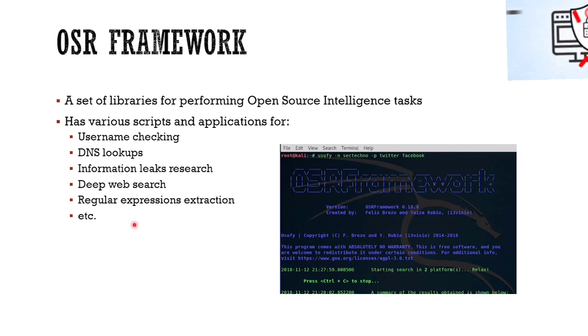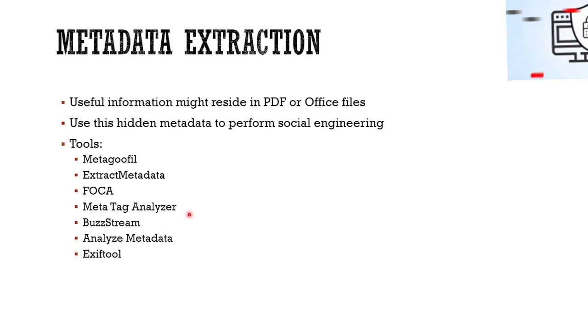So if you've ever written a document or taken a picture and it shows the time and the date, the timestamp, who owns it, who created it, the type of document that it is, that's metadata. There's a lot of useful information to be found from metadata because this information could be hidden inside of a Word doc, an Office file, a PDF.